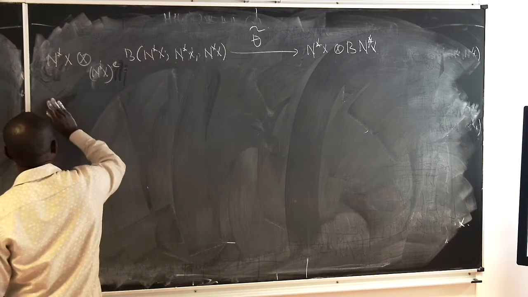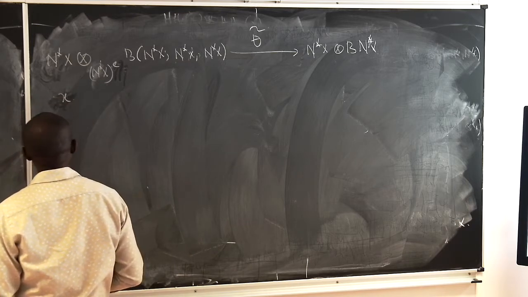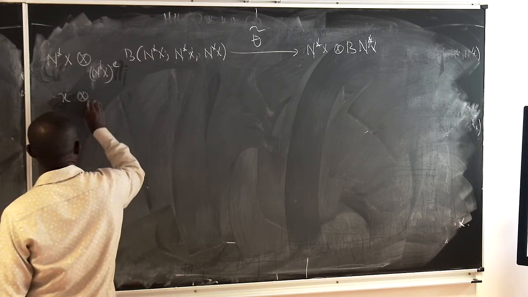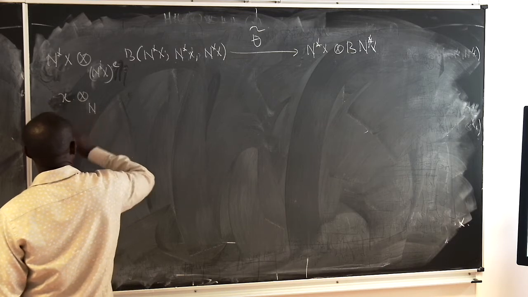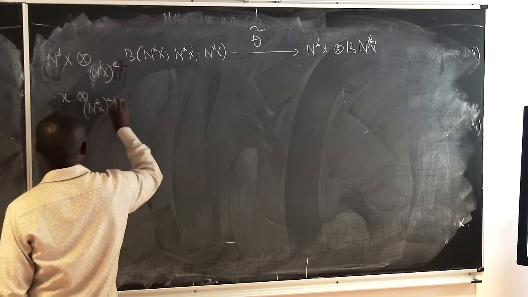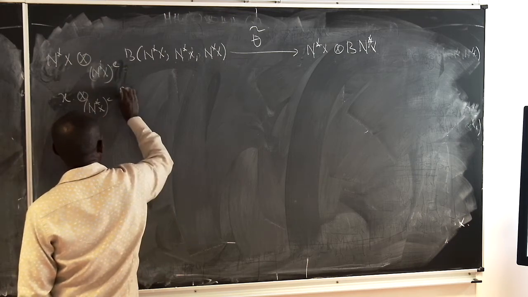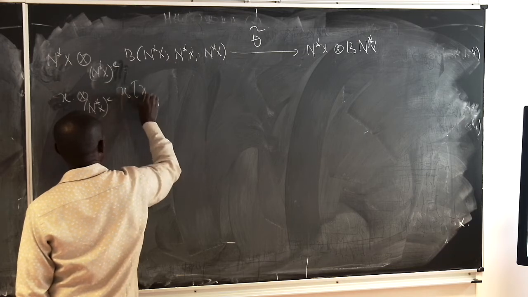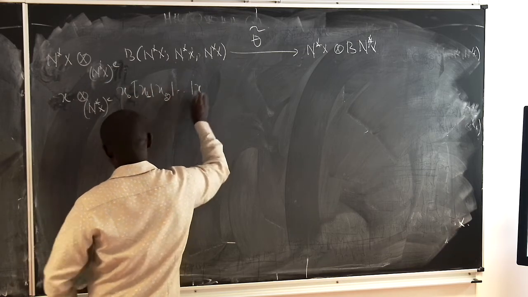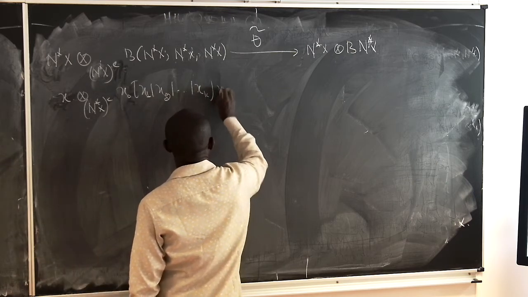Consider here x, the transfer product is here over x0, x1, x2 up to xk, xk plus 1.